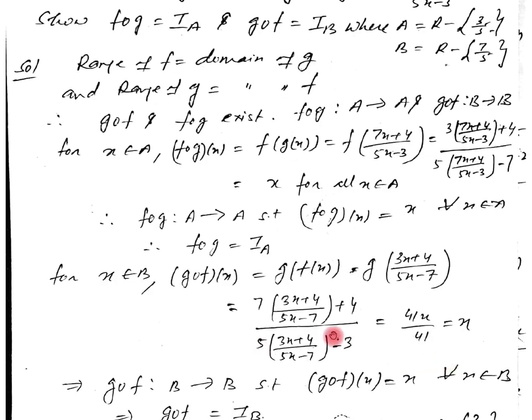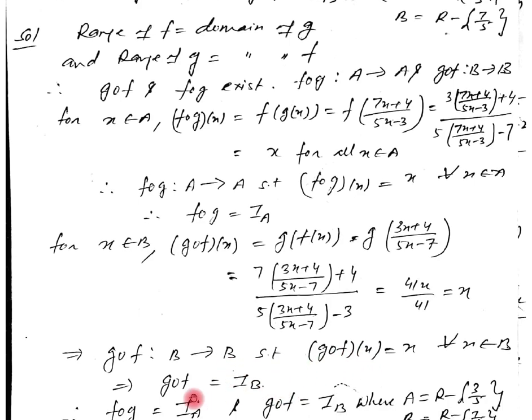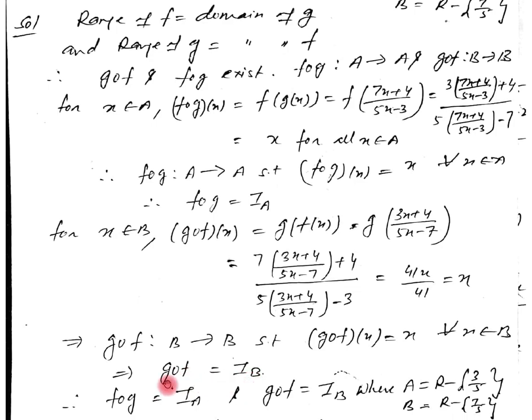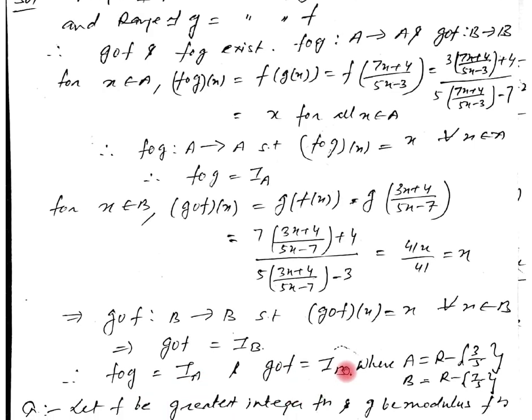So it is an identity function. Therefore, it can be written as g composition f equal to I_B. Again, f composition g is equal to I_A, g composition f equal to I_B, where A is this and B is this. We have to prove this in the question.